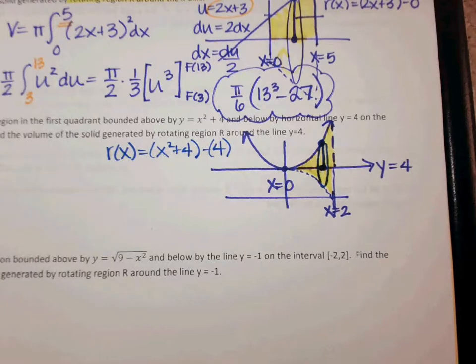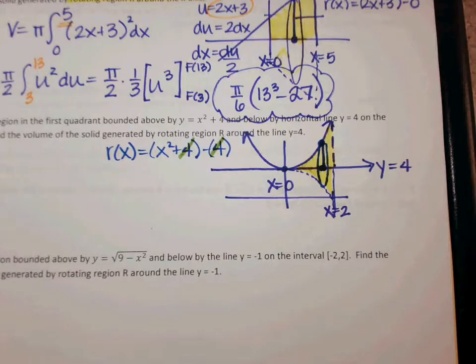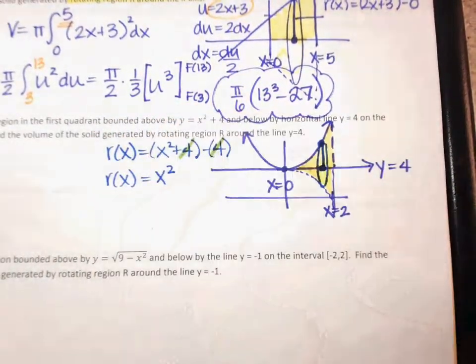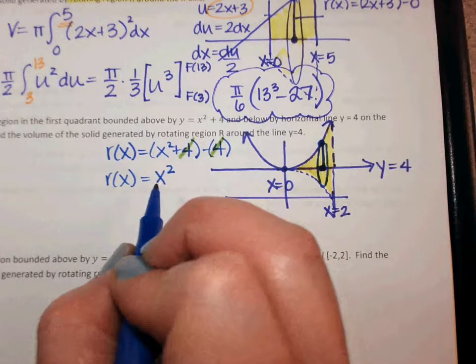Now, what's going to happen with the fours? They're going to do what? Cancel. Good. So if it's 4 minus 4, those go away. And my radius is just really going to be x squared. Okay, then from there, how do you find the volume? You're going to integrate pi r squared, where this is your r.